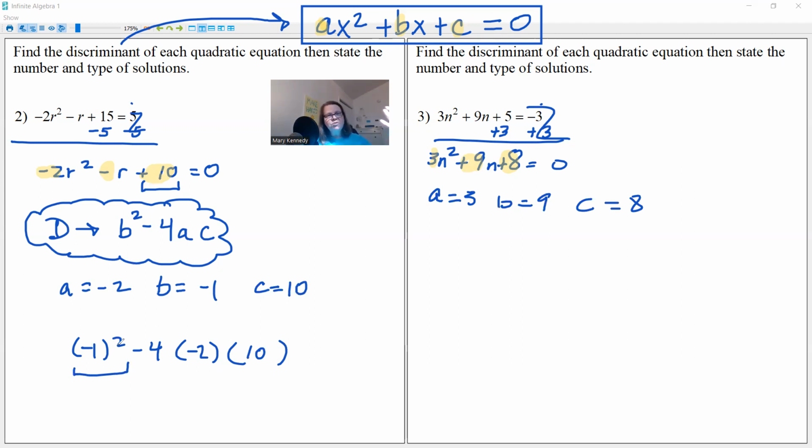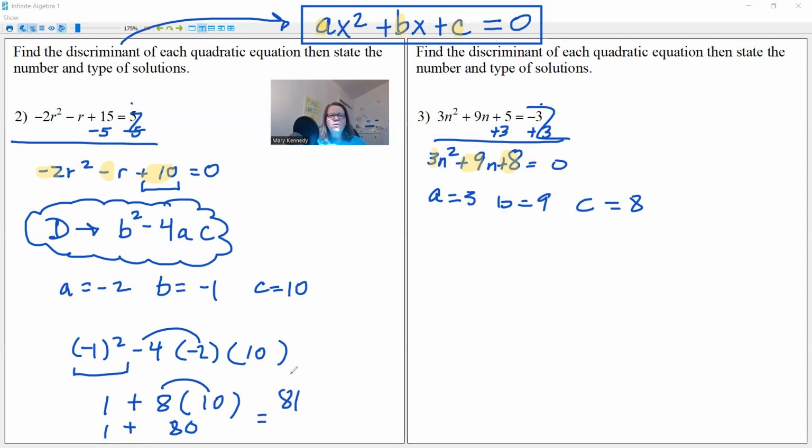If you're doing this in the calculator and you don't tell the calculator the parentheses part, your calculator is going to think you mean -1 times 1 squared and give you -1 as an answer. But if you stop and think about it, you know that if you multiply two negatives, you get a positive. And -1 squared means -1 times -1. So that is 1. And then -4 times -2 is 8. And so we have 8 times 10 is 80 plus 1. So the discriminant here is 81.